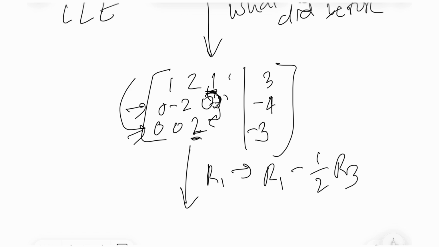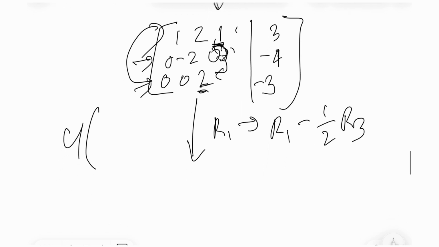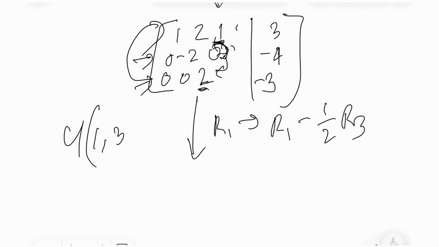Again, we're going upwards now. We're using U, right? We're taking the third row, multiplying it by half, subtracting from there. What do we get? Half, half, 1, minus 3 by 2, I guess. Let's leave it at that.